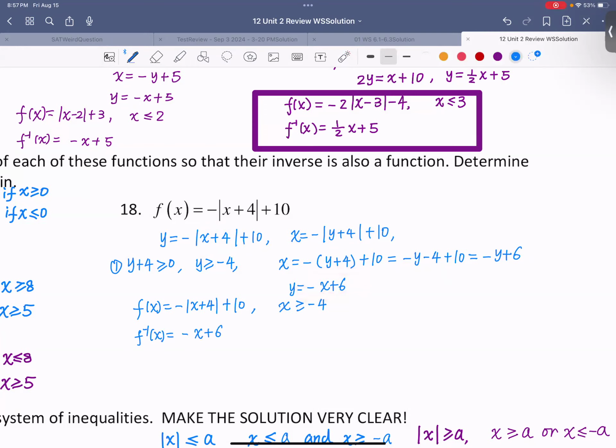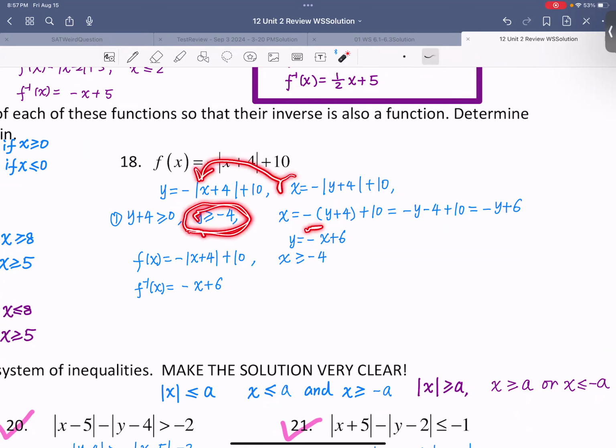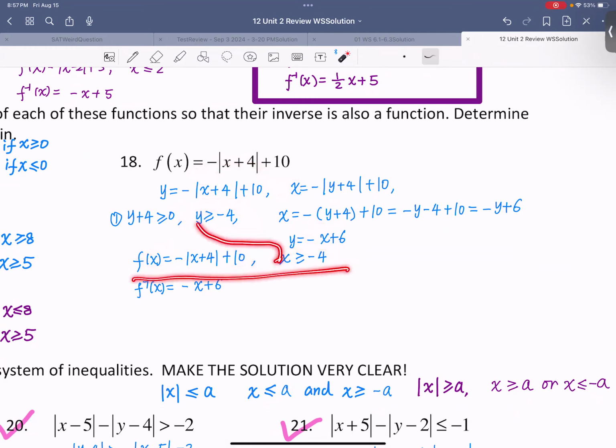Got it? How do you make the restrictions? The guy here is the inverse function's restriction, but you have to use the original one because this is the original function, so you have to put x. You just change this to be x. Okay, so you get this. And this is your blue box.